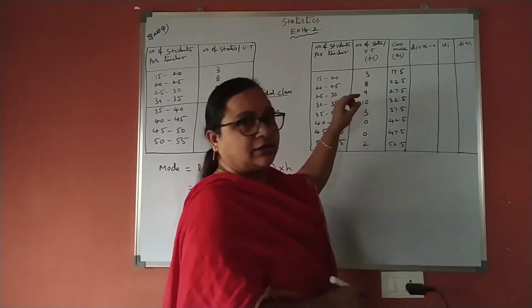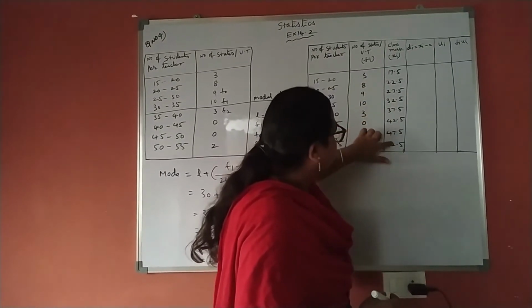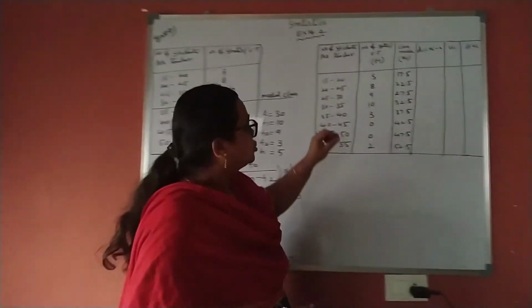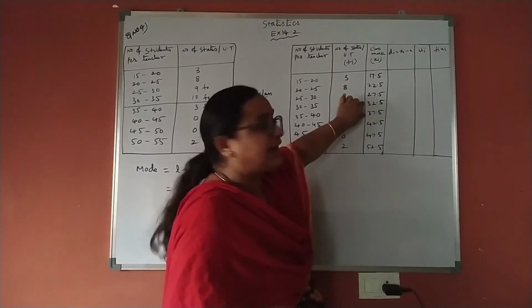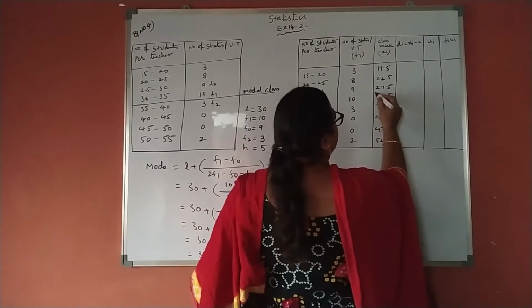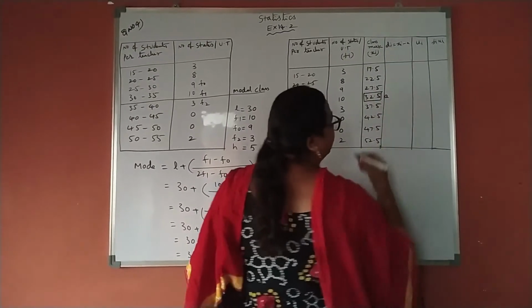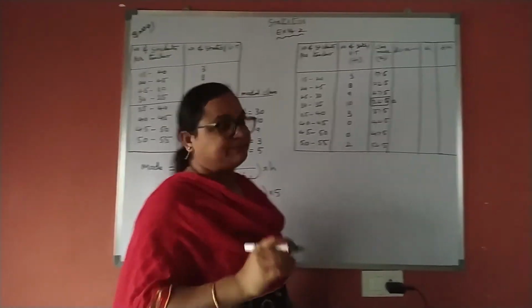Now we have to find A. A is assumed mean. 1, 2, 3, 4, 5, 6, 7, 8. There are 8 observations, even number of observations. So in these two middle observations, we have to select one as A, assumed mean. So I am taking it as 32.5 as A. You can take even 37.5, you will get same answer.